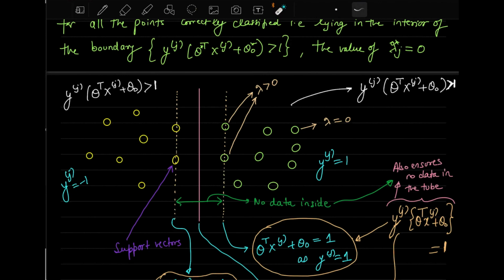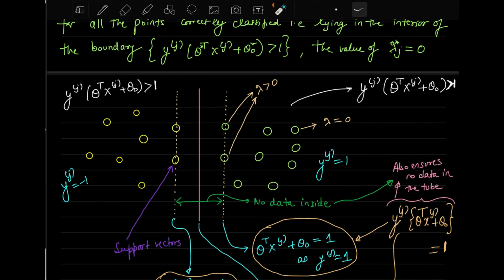That is because you are constraining this value to be greater than or equal to 1. That comes from the objective function, the convex optimization constraint, so that there will be no points inside when you are discussing linear SVM or hard SVM. If you are discussing hard SVM, there will be no points in the middle of this particular region.